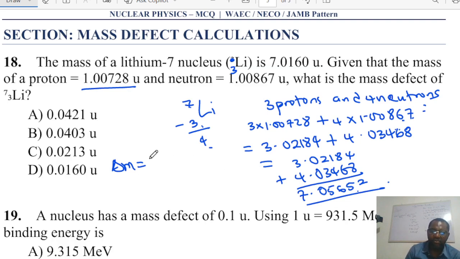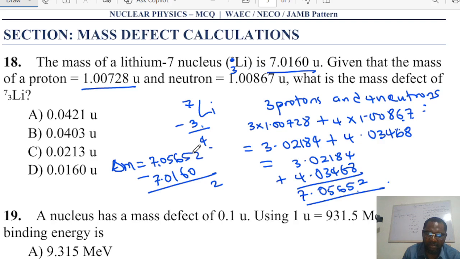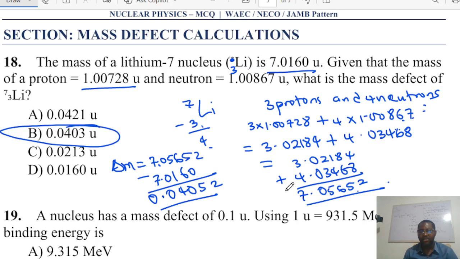So here we have 7.05652 minus 7.0160. I hope I didn't make a mistake somewhere. Okay, so 0.4052. I know I made a mistake somewhere, but this seemed to be the closest to my answer.